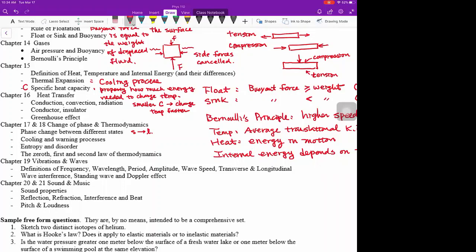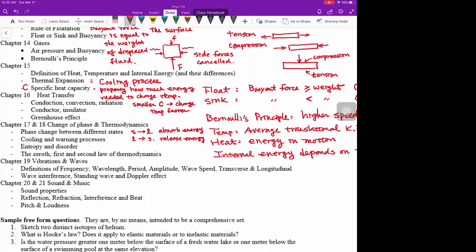So you need to absorb energy. If you change from liquid to solid, then you're going to release energy. Okay, certain places when you change the phase, you're going to take energy.